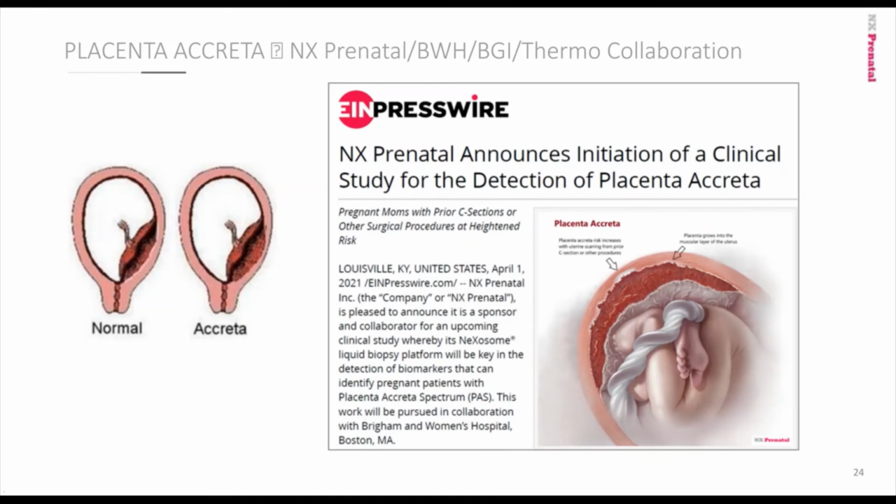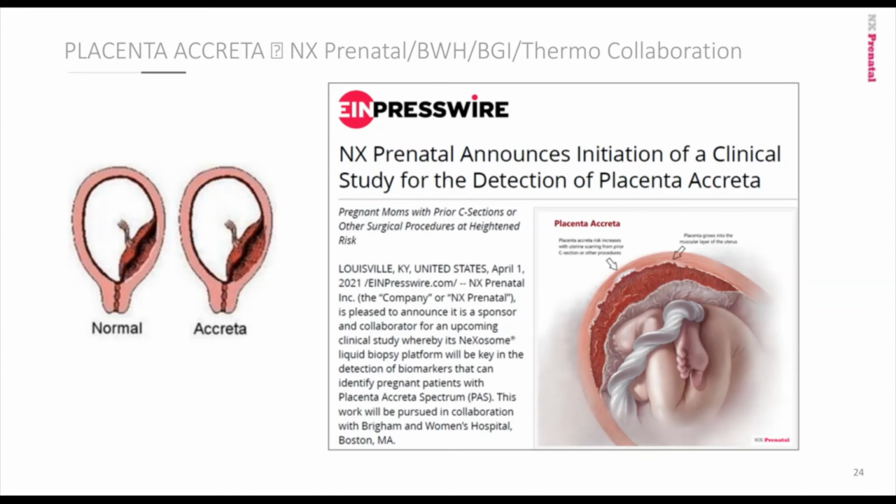A further demonstration of the generalizability of the approach is the most recent collaboration between NX Prenatal, Brigham and Women's, the Beijing Genome Institute, with support from Thermo Fisher. The placenta accreta study. As I said earlier, this involves a placental encroachment deeper into the uterine smooth muscle wall.